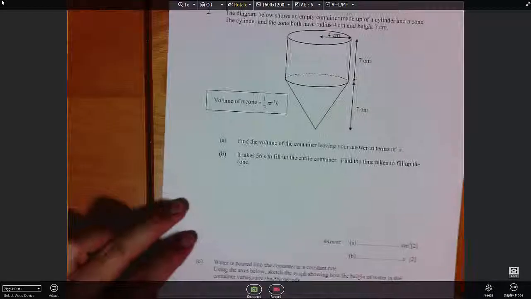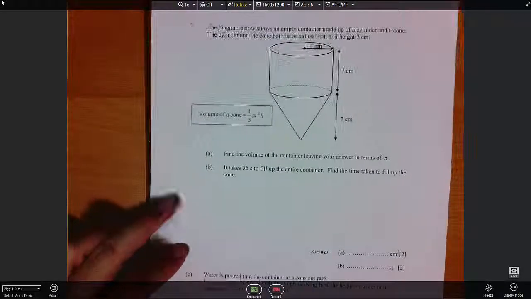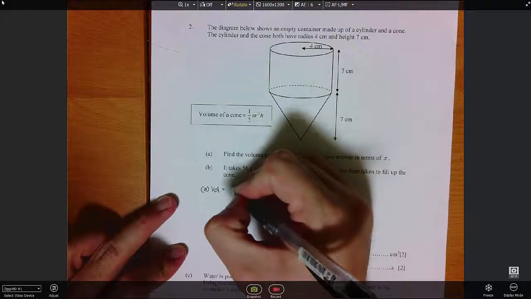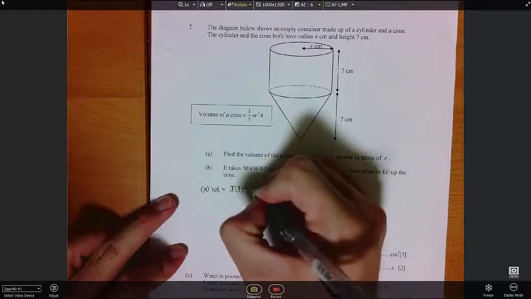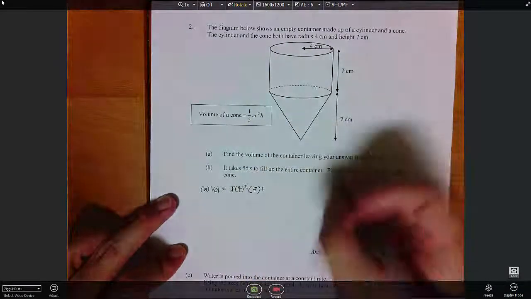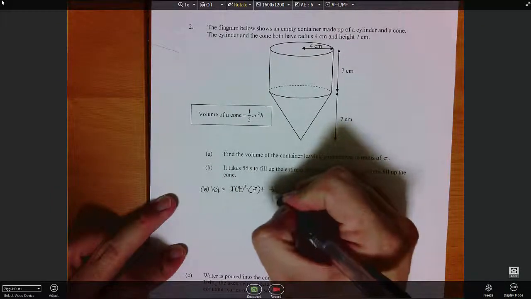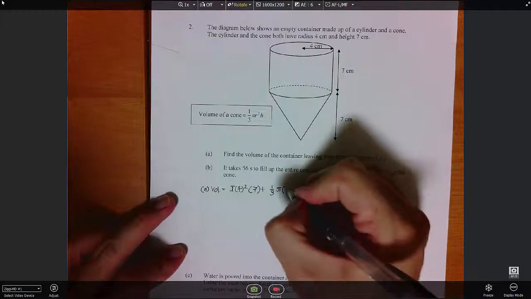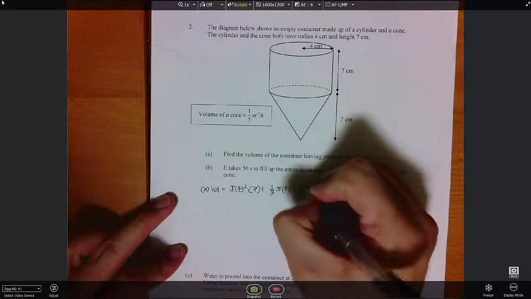Next question we have is this: find the volume of the container, leaving your answer in terms of pi. The volume is simply equal to the volume of the cylinder, which is pi r squared times height, plus the volume of the cone, 1/3 pi r squared times height, where r is 4.